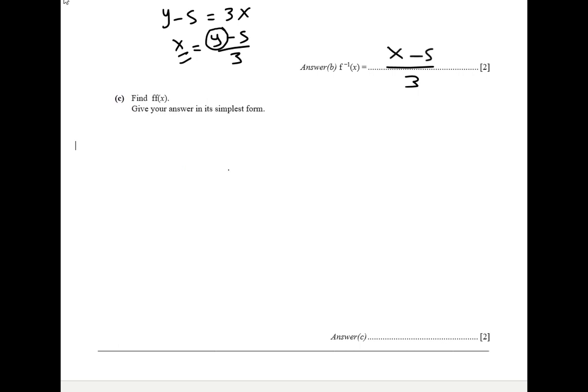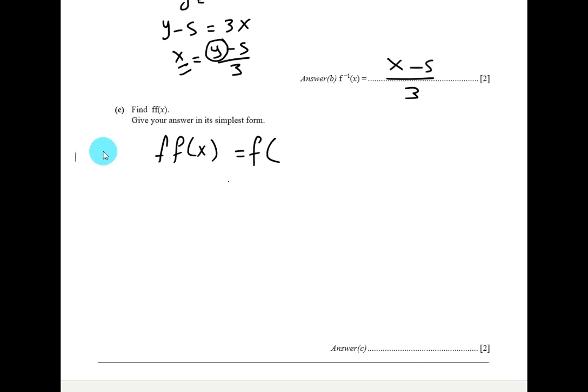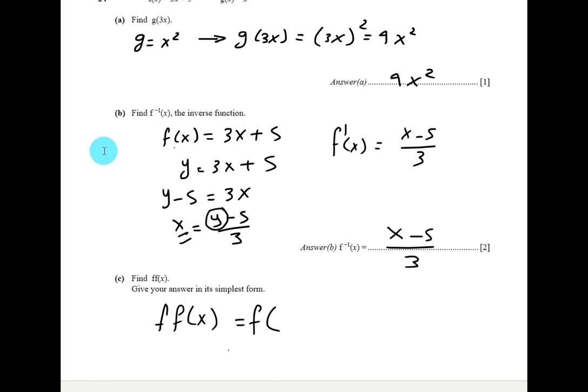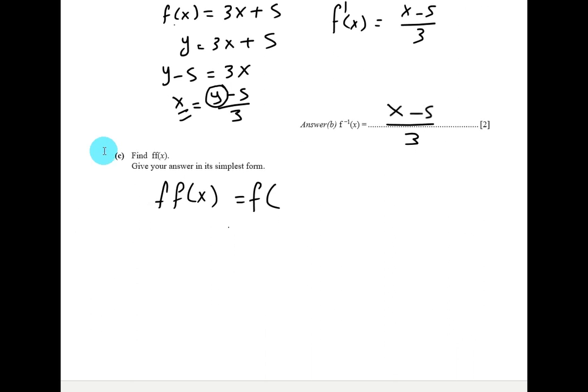Now the second question, find f of f of x. So f of x is 3x plus 5, so it will be equal to 3 times (3x plus 5) plus 5.